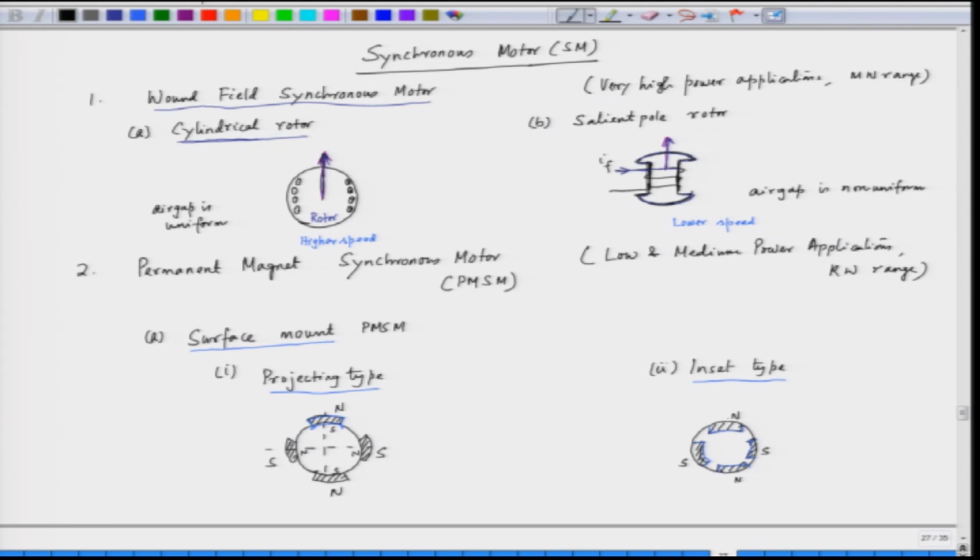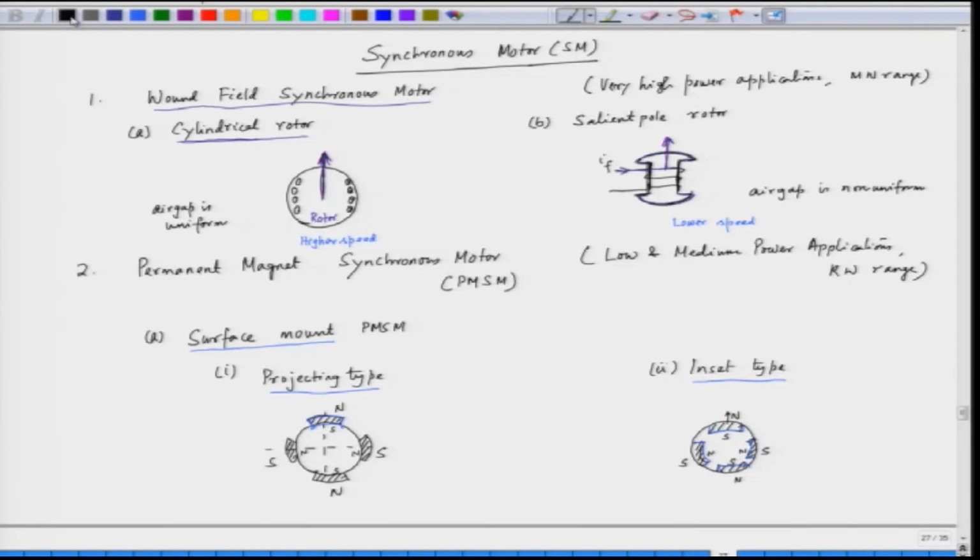If the north pole is on the surface here, which gives flux in this direction, the south pole will be here. Similarly, we have south pole here and north pole here, and north pole and south pole, north pole. So, this is called inset type. The magnets are placed inside the rotor, but on the surface.